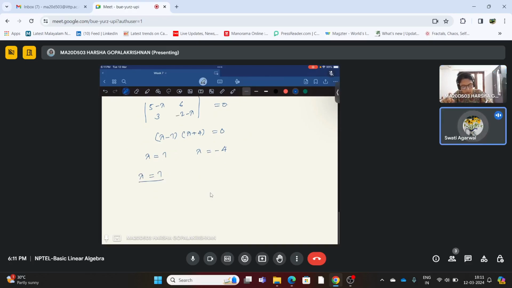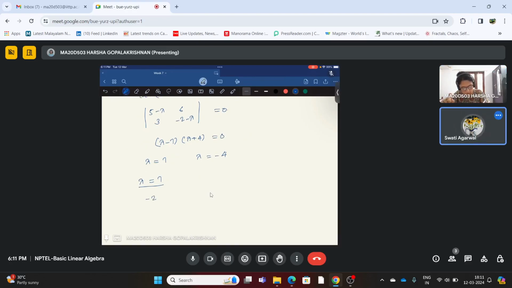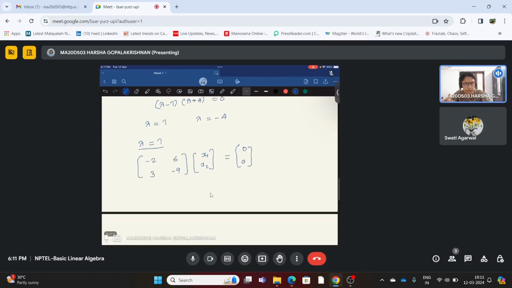We take 5 minus 7, which is minus 2, 6, 3, and minus 9, into x1, x2 equal to 0, and we need to find the solution space of this equation. This says minus 2x1 plus 6x2 equal to 0 and 3x1 minus 9x2 equal to 0.